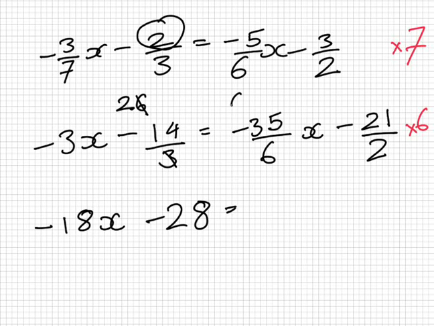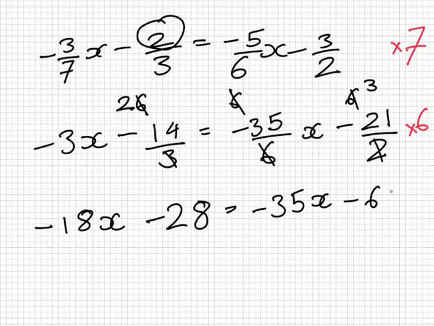This one's great because the 6 and the 6 go, so it's just minus 35x. And then here, 2 into 6 goes 3 times, so that'll be minus 63 then. So now it no longer has any fractions in it. 63, yes. I realized that as soon as I said it.